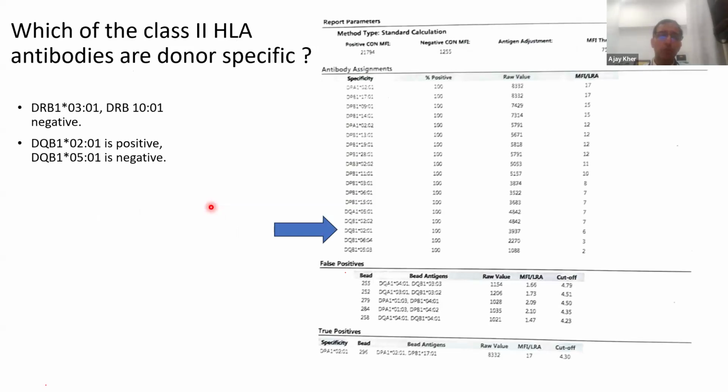Similarly for class 2, you would need to go through step by step, looking at the donor typing, DRB 0301 as well as 1001, to see if there are any donor specific antibodies. In this case, the DQB 0201, which is here, has positivity of 4000.